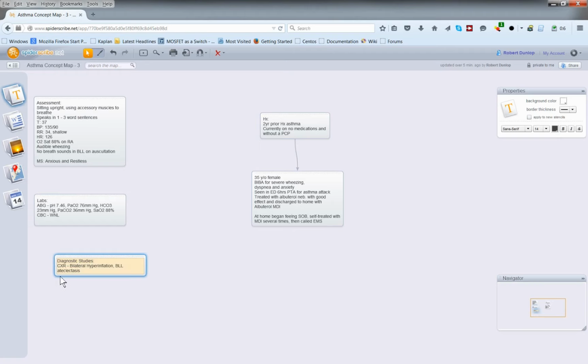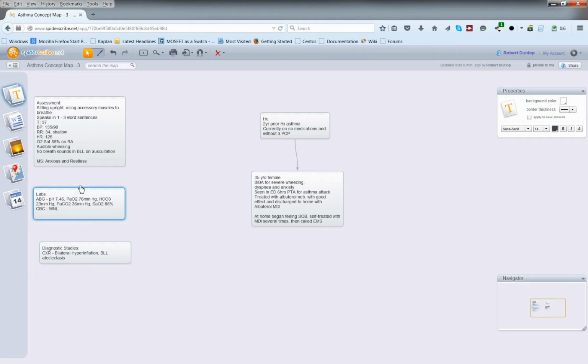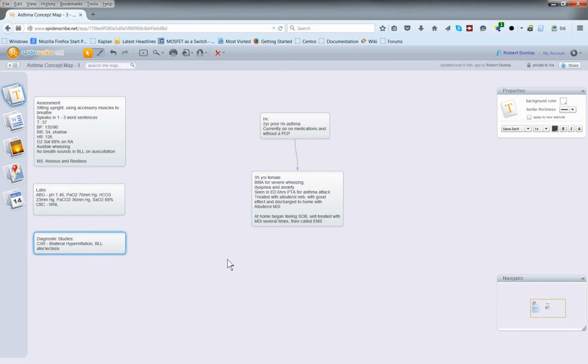Let's get this lined up. Again, there's a relationship between our lab findings, our assessment findings, the diagnostic studies, and why she's here. Her symptoms have led to those vital signs, your observations, your assessment, and the diagnostic studies.